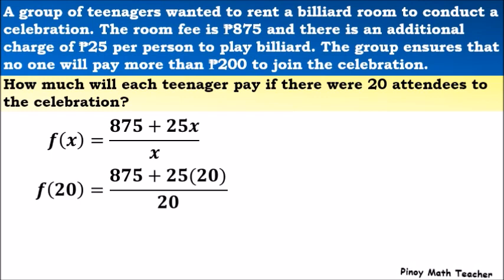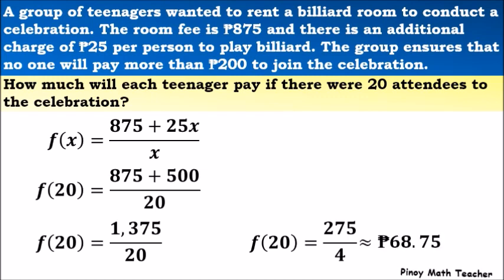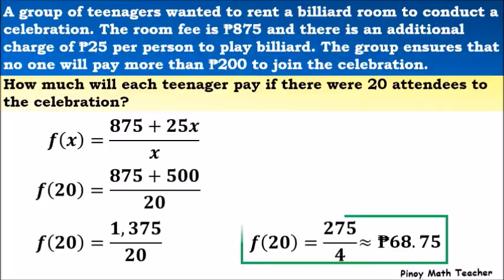That is 500. Next, kuhanin natin yung sum ng numerator. So, 875 plus 500, that is 1,375. And then, lowest term natin, divide natin ang numerator at denominator sa 5. So, that is 275 over 4, or that is approximately equal to 68.75 pesos. So, ito yung amount na babayaran.